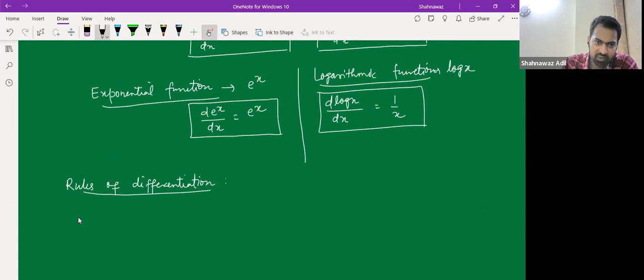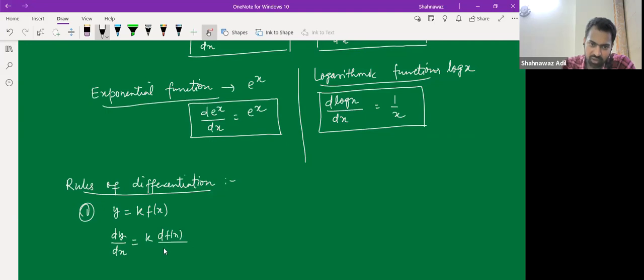First is that whenever you multiply, so y is k times f(x), some constant is multiplied, right? And then you want to take the differentiation. So the constant would be simply taken outside, and then you take the differentiation of the function.